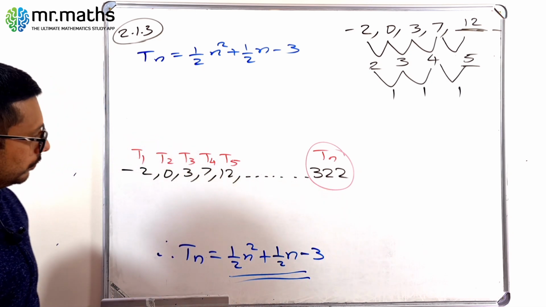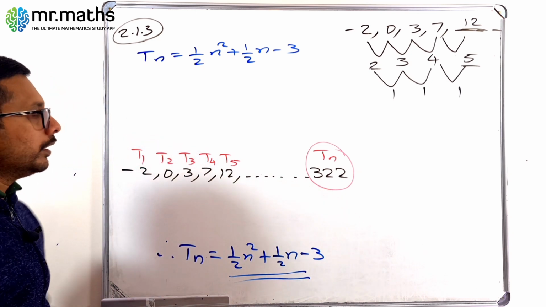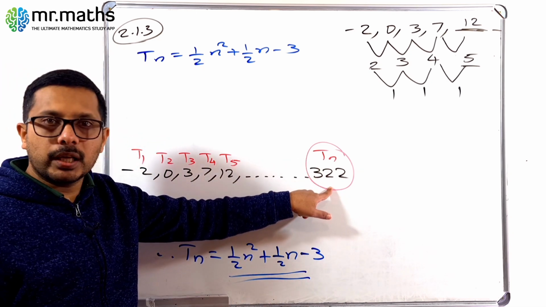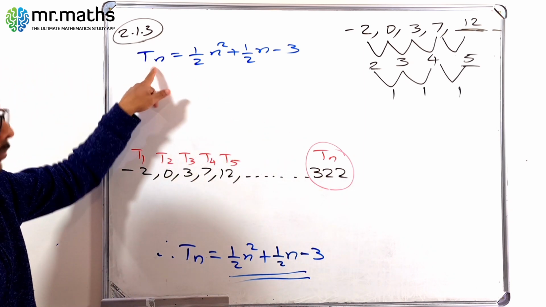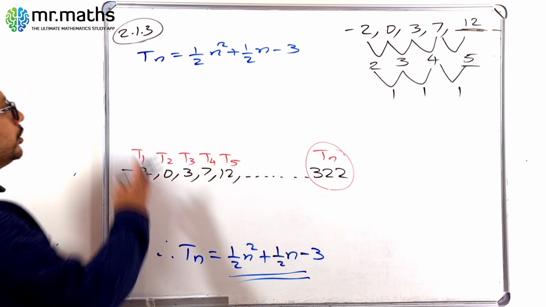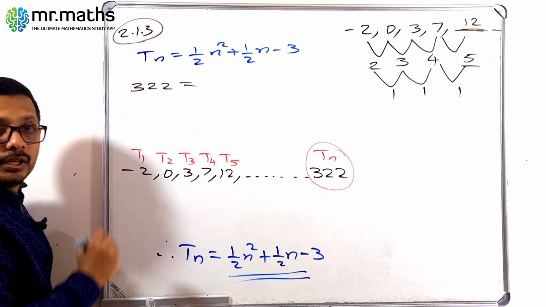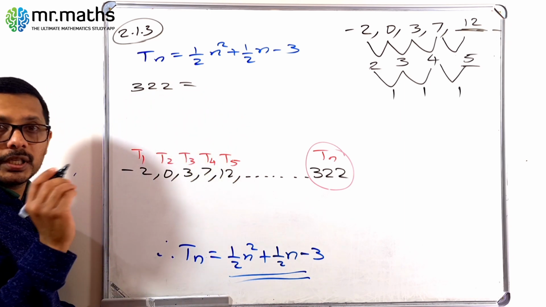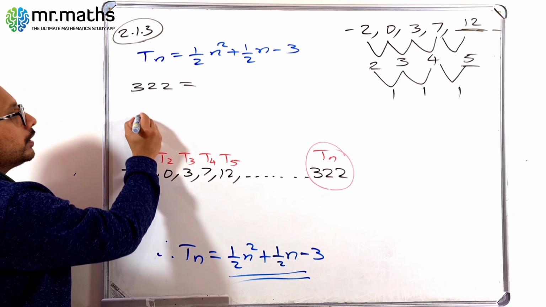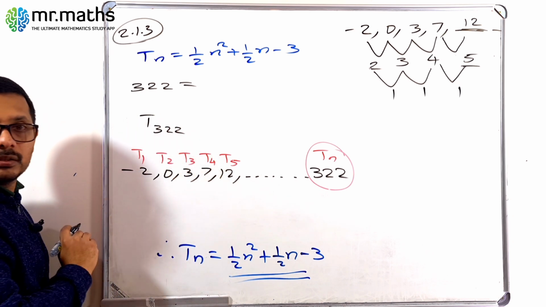So what you have to do is substitute Tn as 322. So it is 322 is equal to, and don't write it like this, this is the mistake some of you are making. That's wrong.